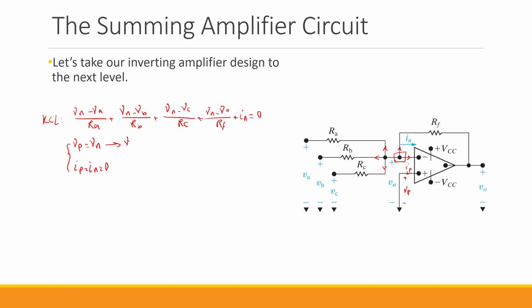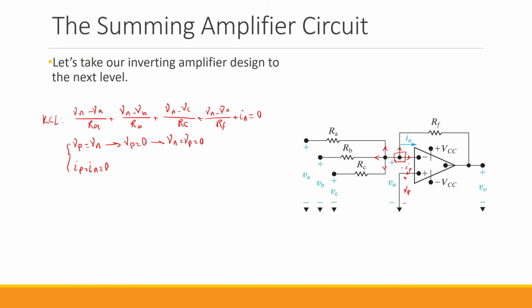That makes Vp 0. Because of the first constraint, that makes Vn, which is equal to Vp, also 0. The second constraint states that Ip equals In equals 0, and that is because the internal resistance of the op-amp is very large.